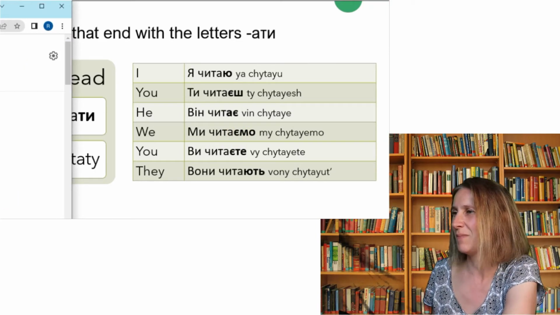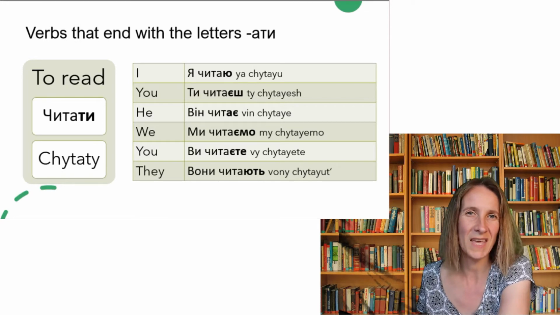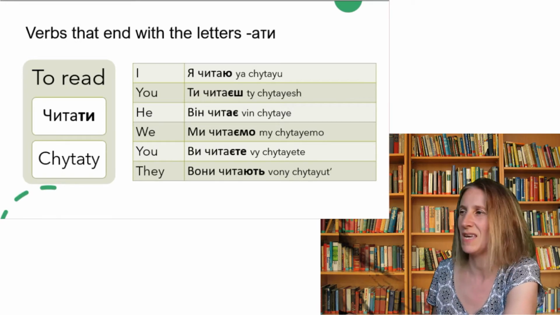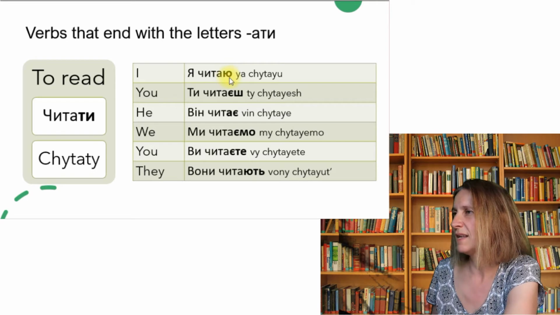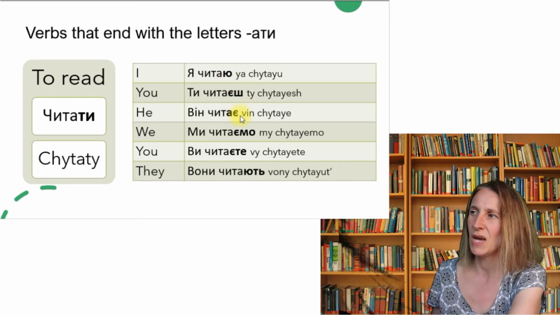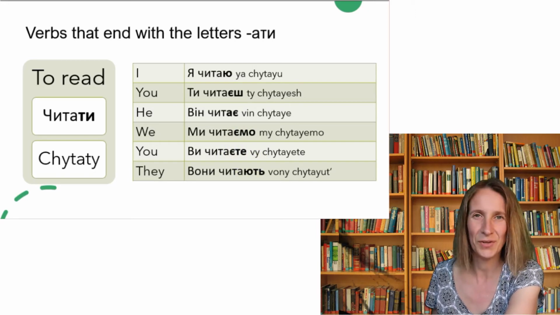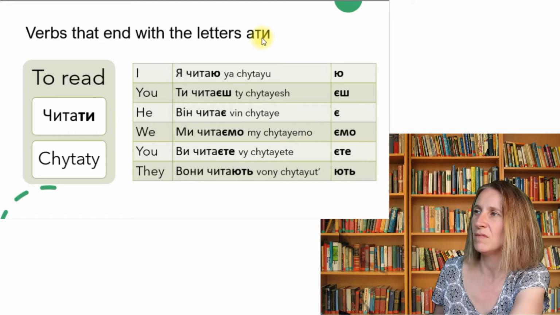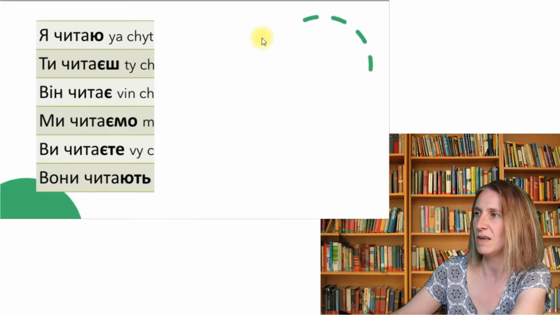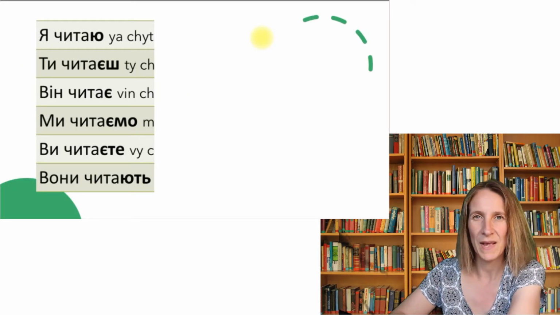It's my best attempt. Вони читають. And we've got these endings here: ю, єш, є, ємо, єте, ють. So what we've done is we've lost the ти and we've put on those endings.